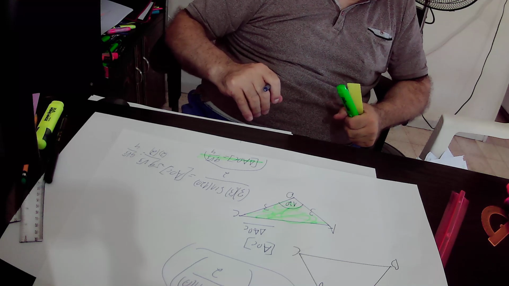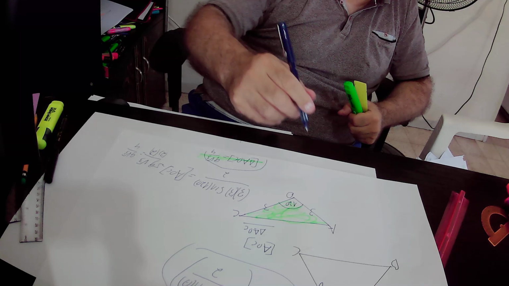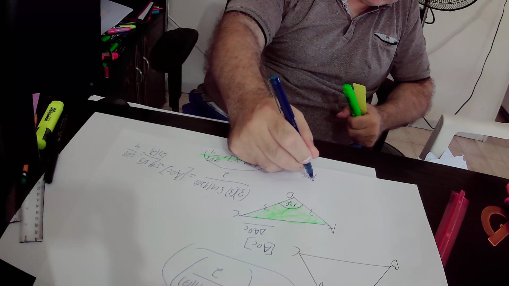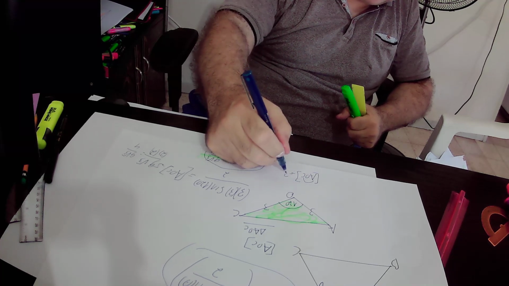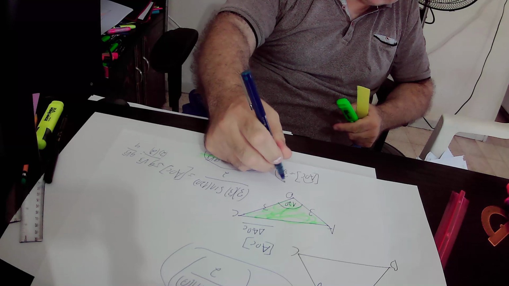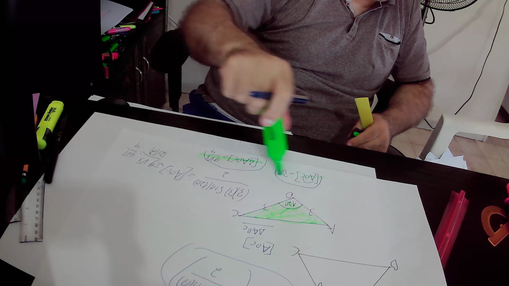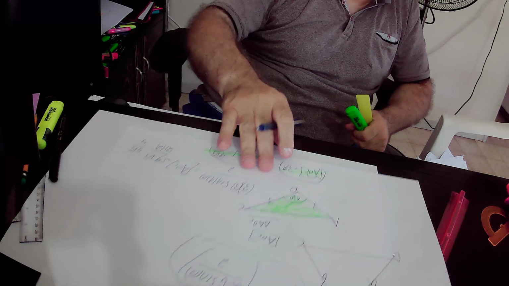And we have already found out that the area of sector AOC equals 3 pi square units. The area of sector AOC equals 3 pi square units. Okay, but what is the area of the green shape?